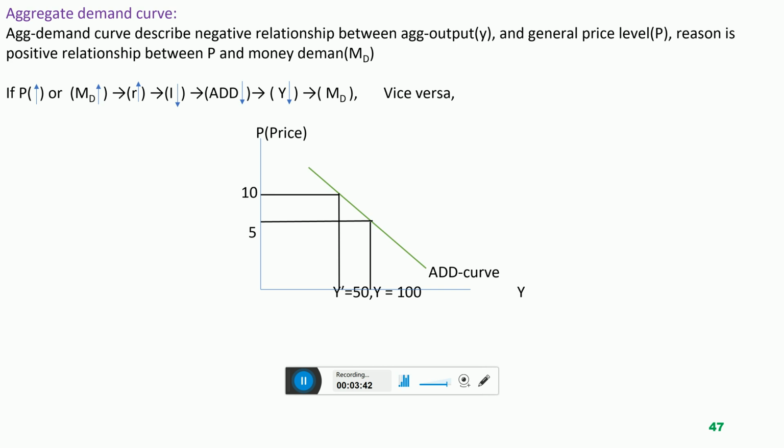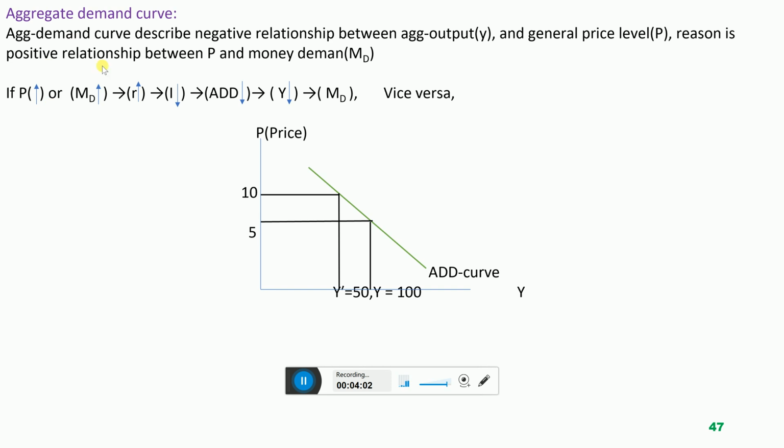The reason is the positive relationship between the increase in general price level and the increase in money demand. That is the reason there is a negative relationship between the price and output. How? Let me clarify.